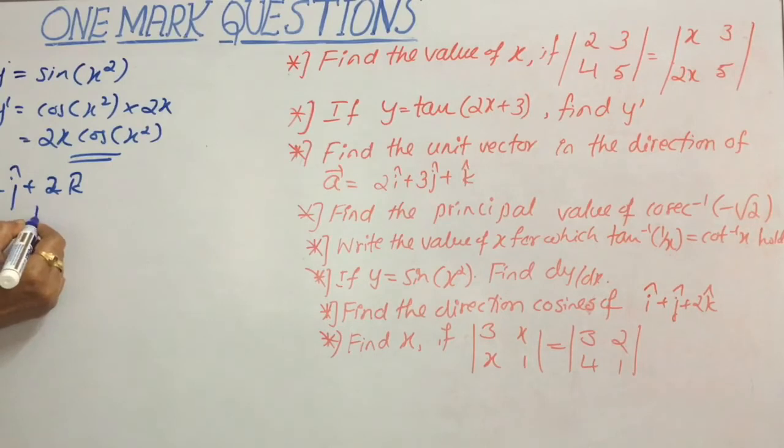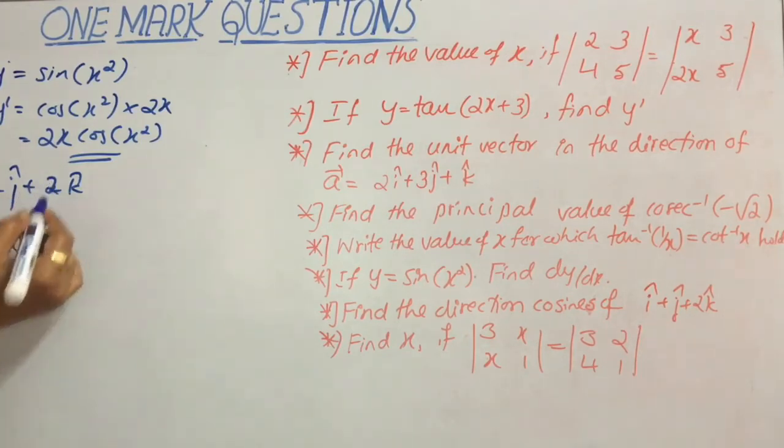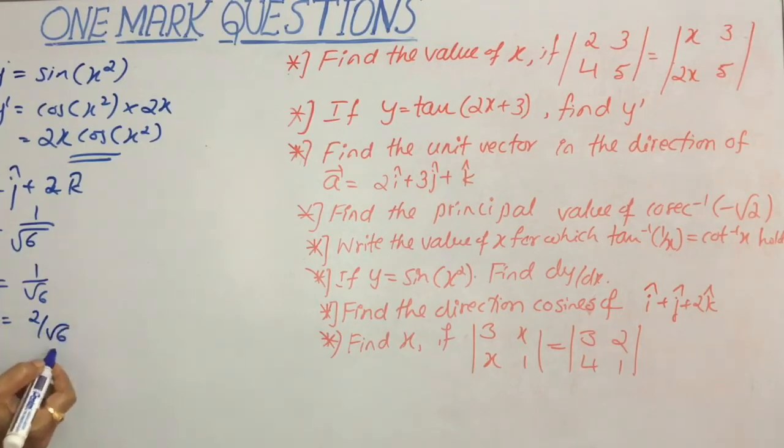The coefficient of i is 1, divide by the length of the vector, that is 4 plus 1 plus 1, that is root 6. So the direction cosine l equals 1 by root 6, another one m equals 1 by root 6 and n equals 2 by root 6.